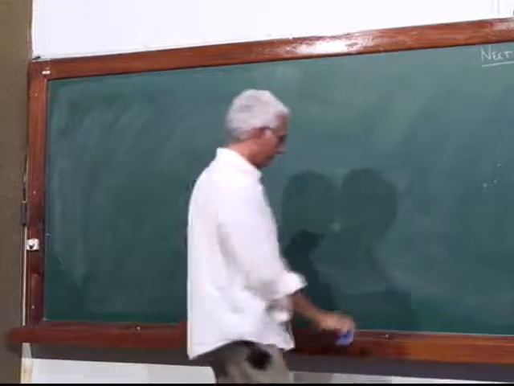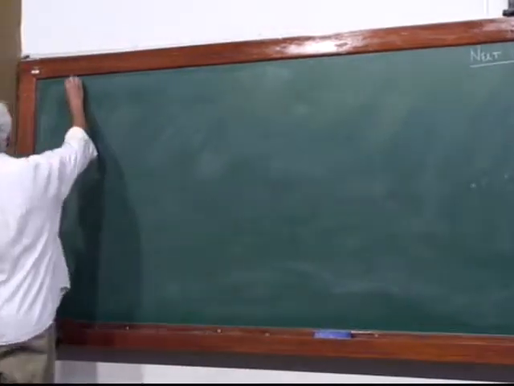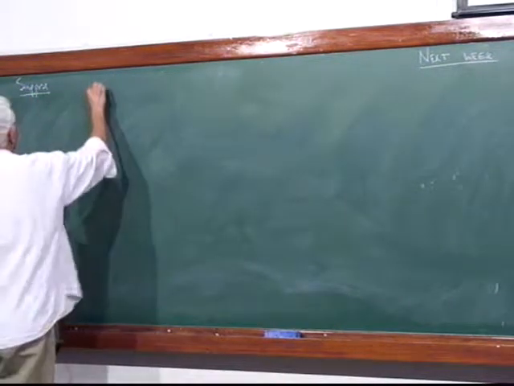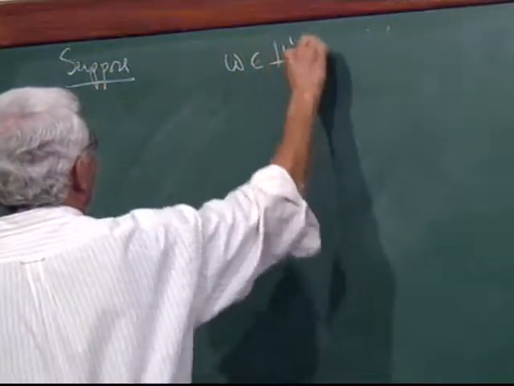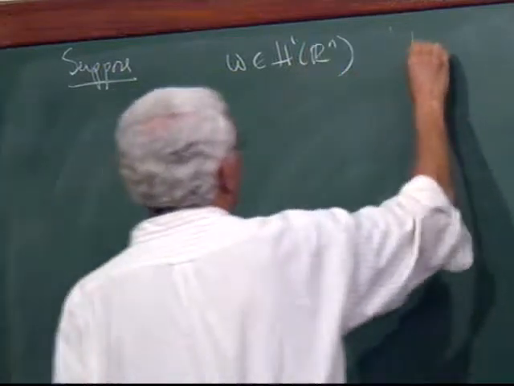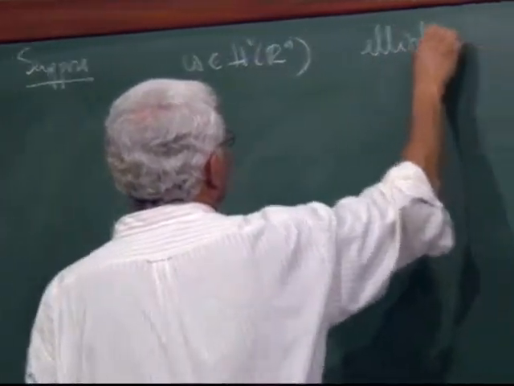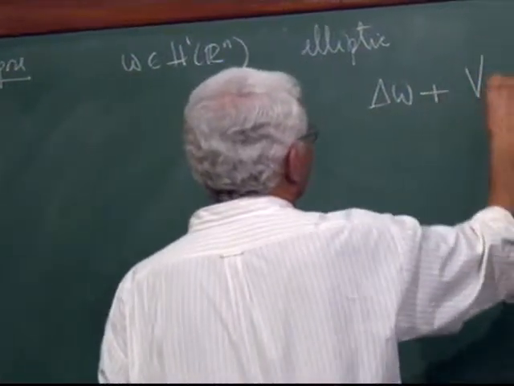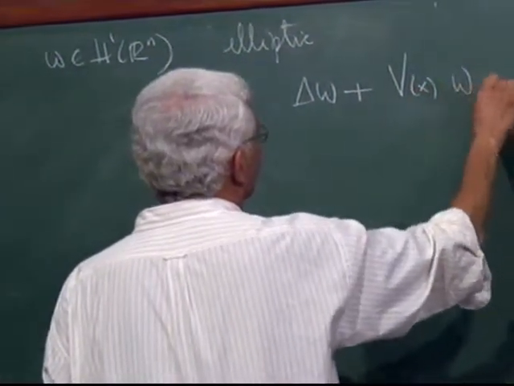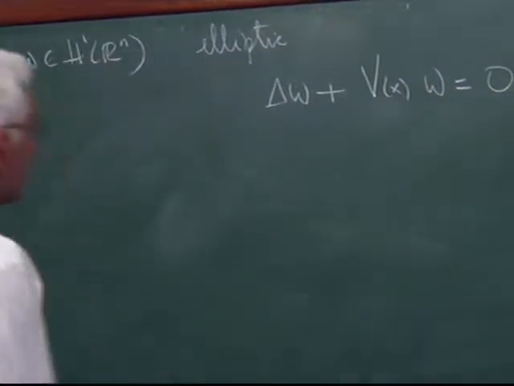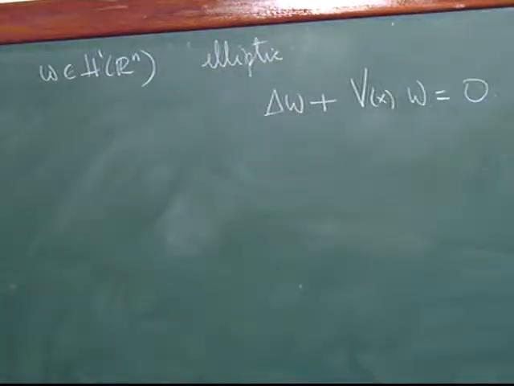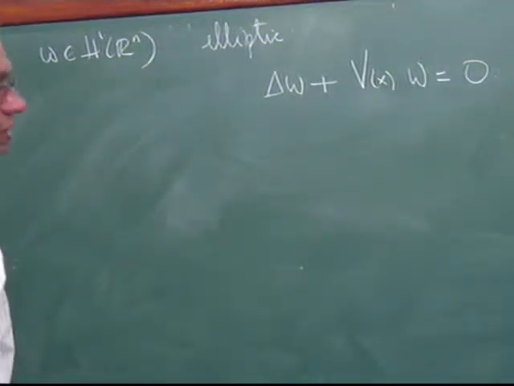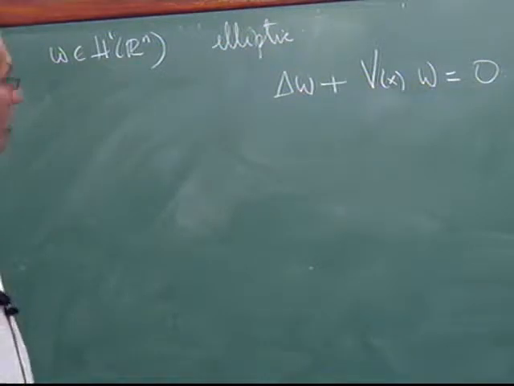Okay, let's suppose that we have a solution. Suppose W that belongs to H1 of Rn is a solution of the elliptic problem. Satisfy this elliptic problem, Delta W plus this potential times W is equal to 0. Is that okay? Suppose that you have a solution of this.